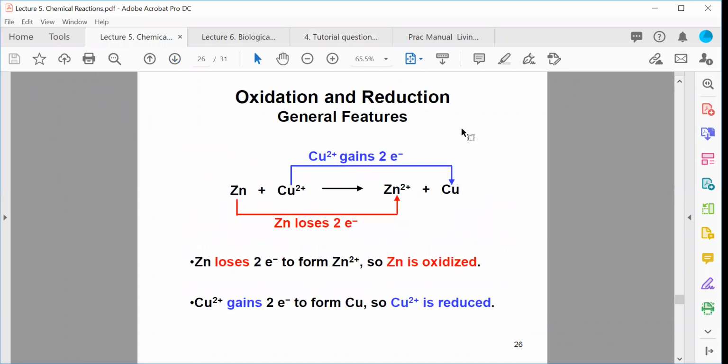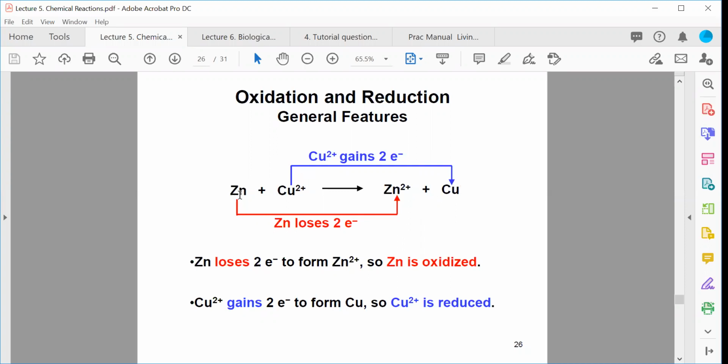All right, let's look at an example of a redox reaction. So we've got neutral zinc in this reaction, and we've got the copper cation that we can see here. In this particular reaction, neutral zinc will lose 2 electrons to form the zinc cation, and the copper cation will gain those 2 electrons to form neutral copper.